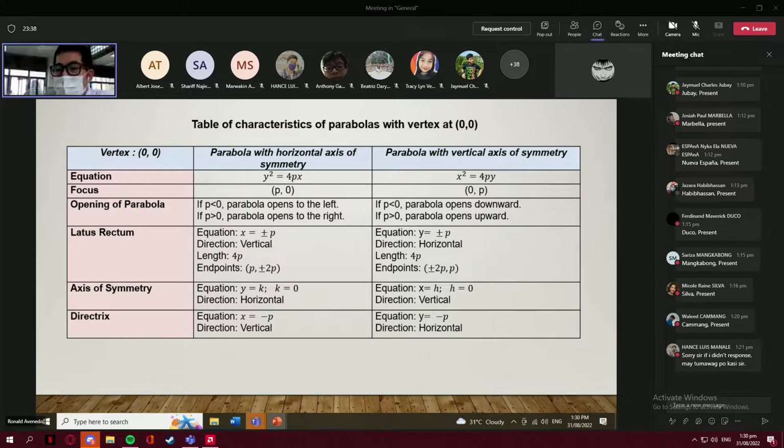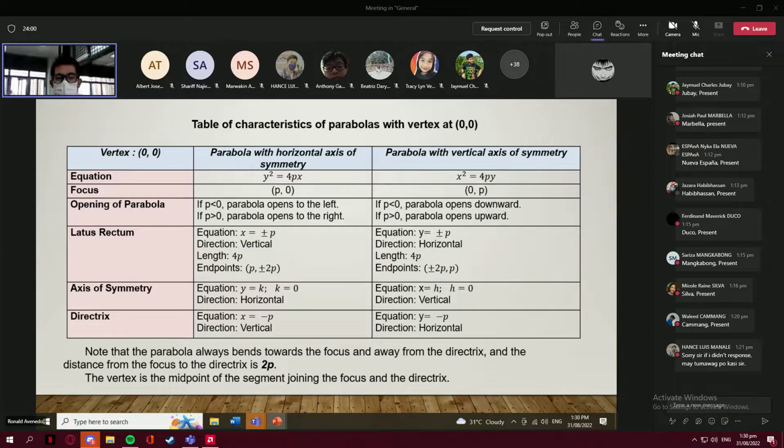Upward if p is positive, downward if p is negative. The rest would be the guide later on in solving the focus, the directrix, endpoints of the latus rectum. So you are going to use this part here sa baba.